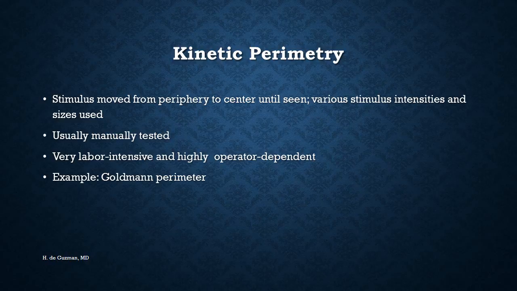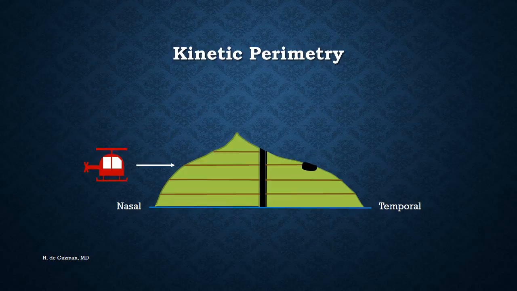And the most common example of this is the Goldmann perimeter. Kinetic perimetry is like mapping our island by flying in at a fixed altitude until you hit the island, and doing that from multiple directions and at multiple elevations.